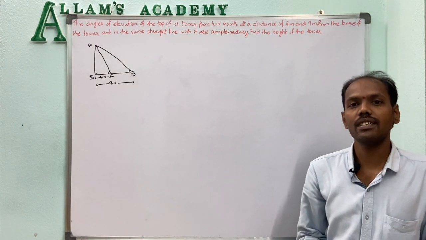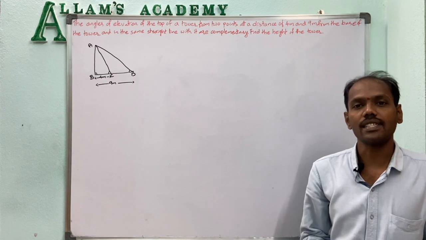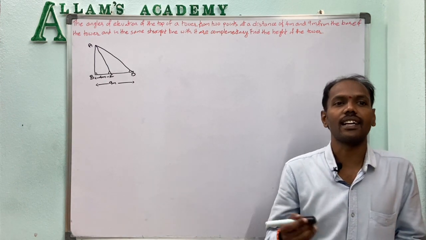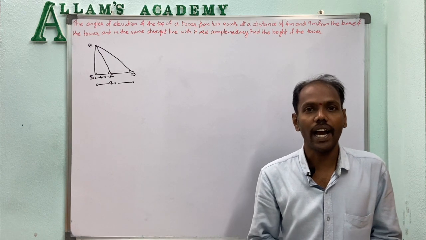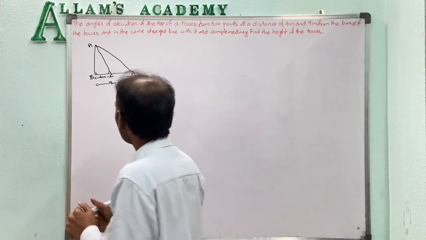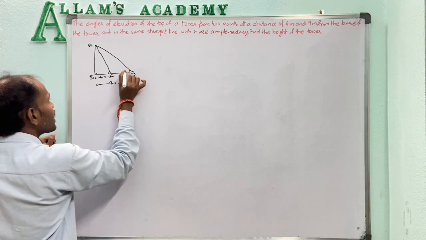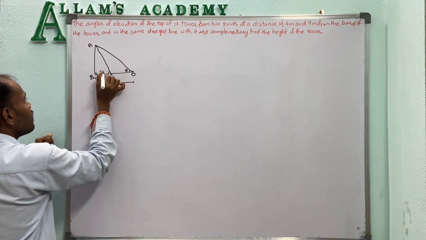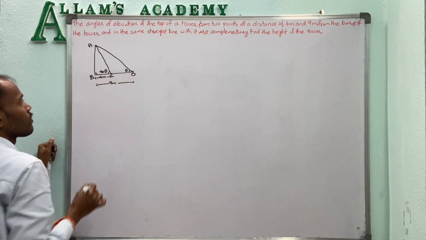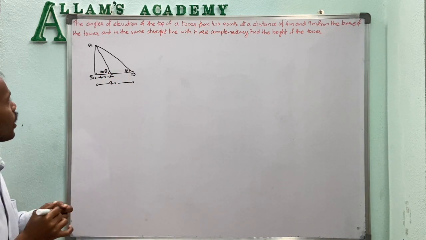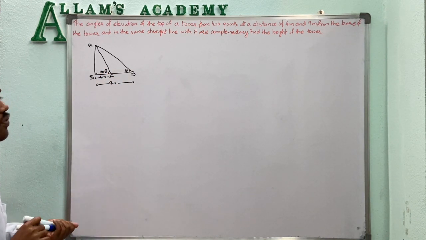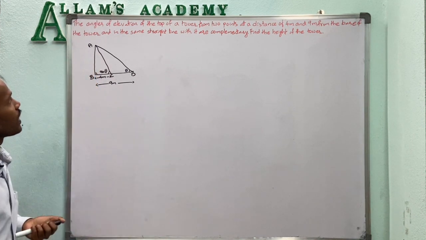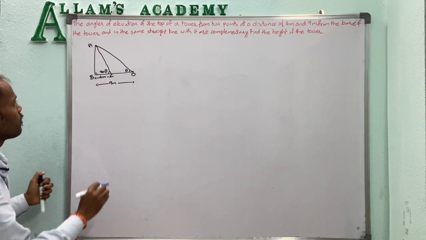Complementary angles means the sum of the two angles is 90 degrees, that are called complementary angles. So if one angle is theta, then the other angle is 90 minus theta. Now by using this information, find the height of the tower, that is nothing but AB.